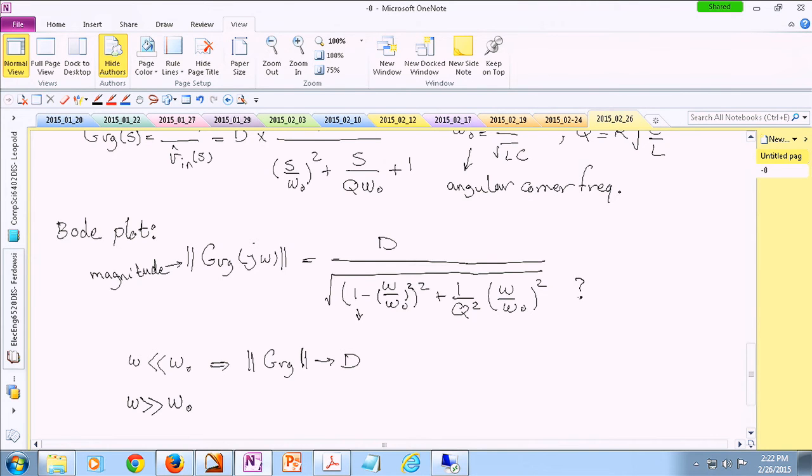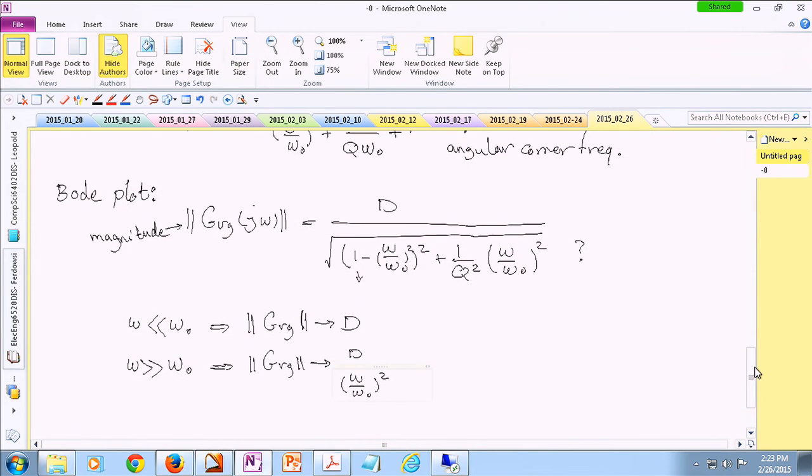I have to go and check back my notes. But anyway, this has an asymptote of d over something like this. Actually, it's correct. I don't think we need this.